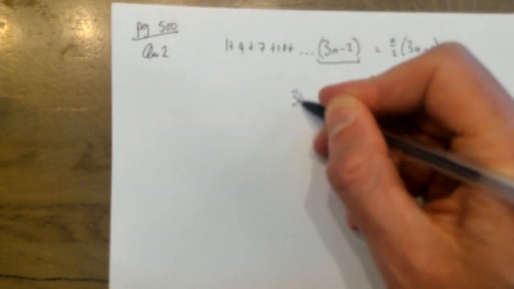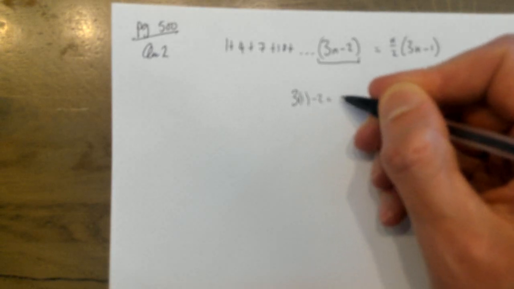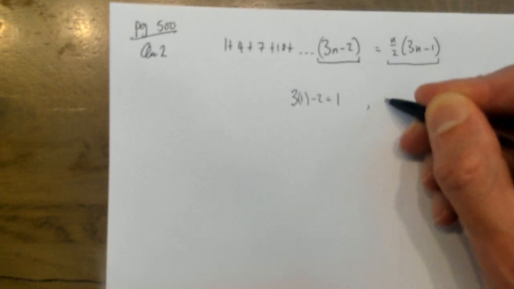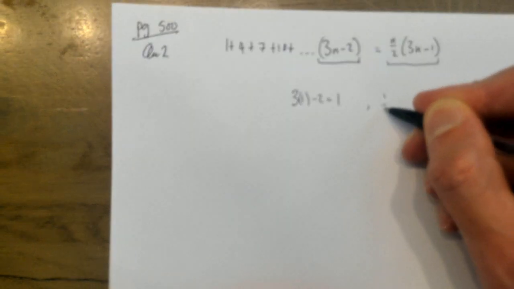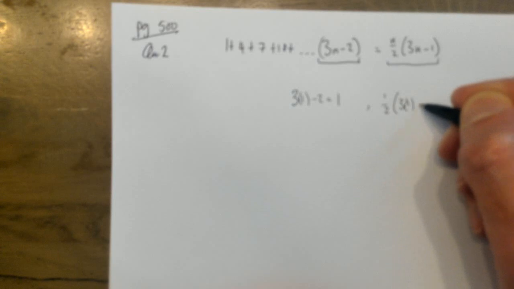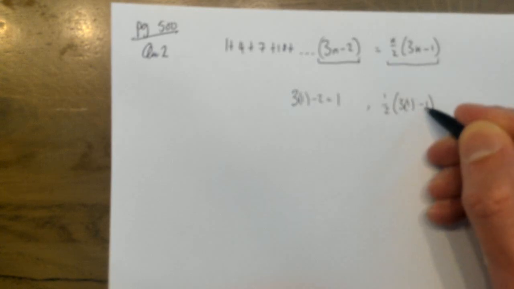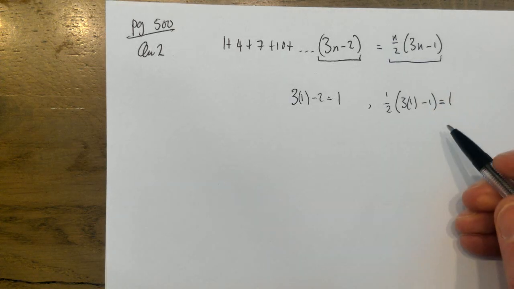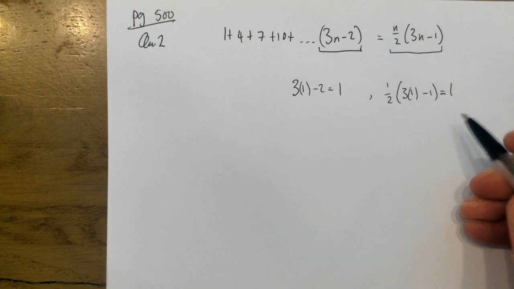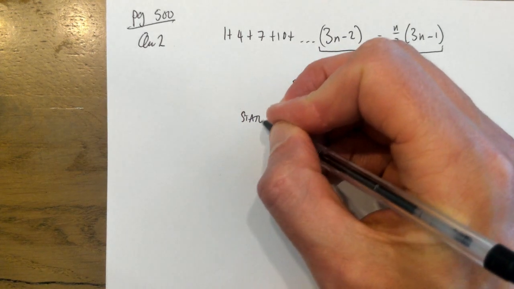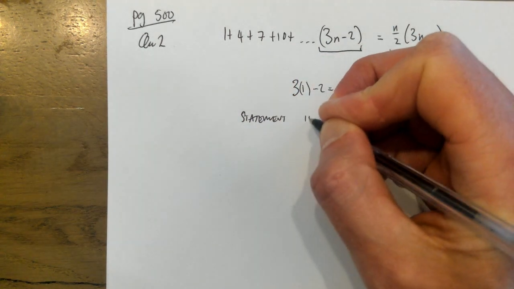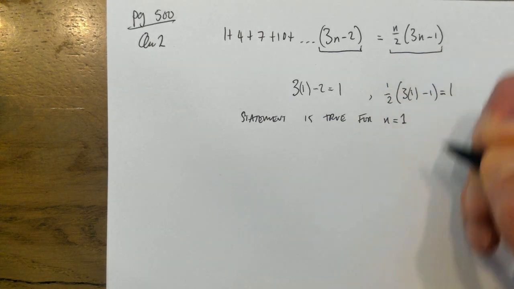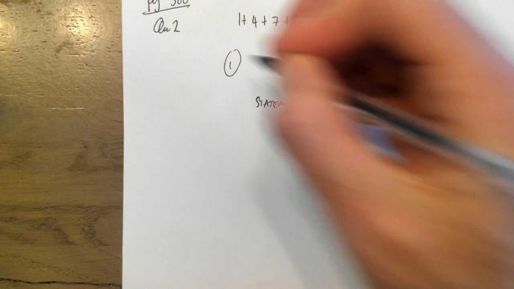So 3 times 1 minus 2 is 1. And I'm going to look at the right hand side and put 1 in. So 1 over 2 times 3 times 1 minus 1. So 3 minus 1 is 2. 2 times a half is 1. So we've proven the statement is true for n equals 1. Okay, that was step 1.